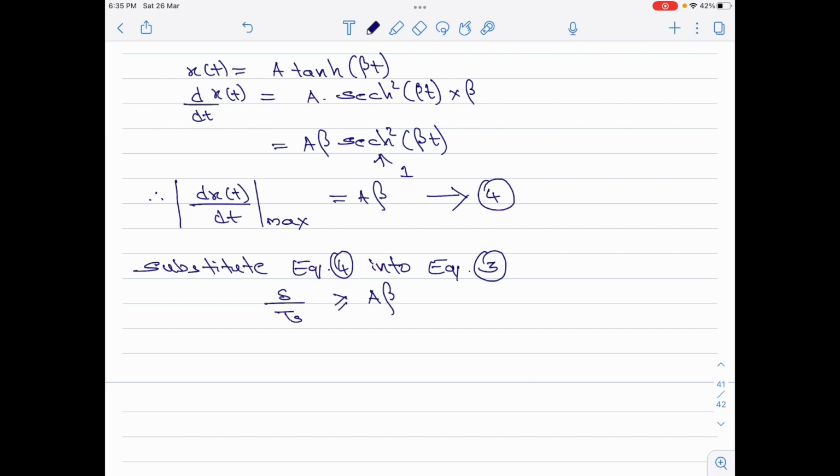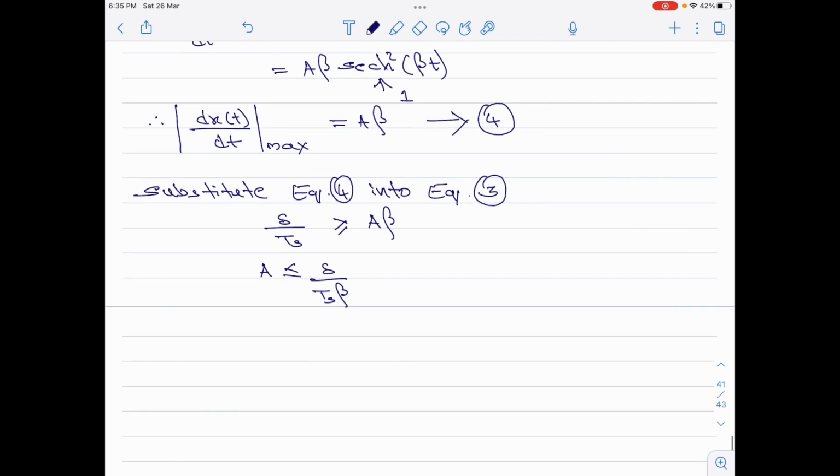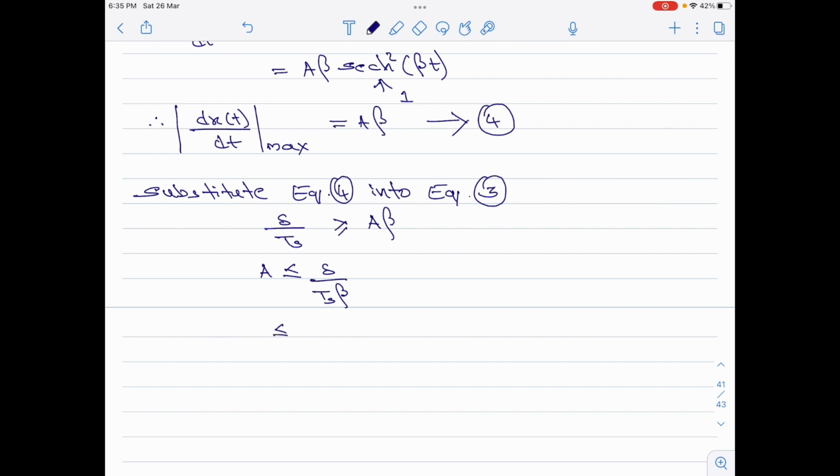Since we are asked to find the value of A, I will rewrite this equation as A less than or equal to delta divided by Ts into beta. The value of delta here is given as 1 milli. So, it will be 1 into 10 to the power of minus 3 divided by the value of Ts, which is equal to 1 divided by Fs.